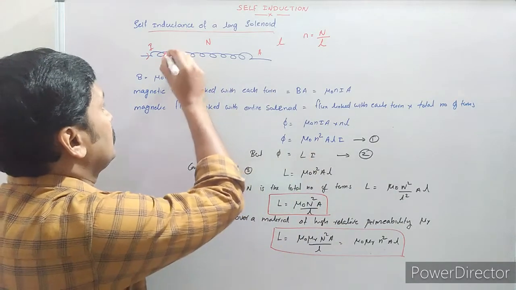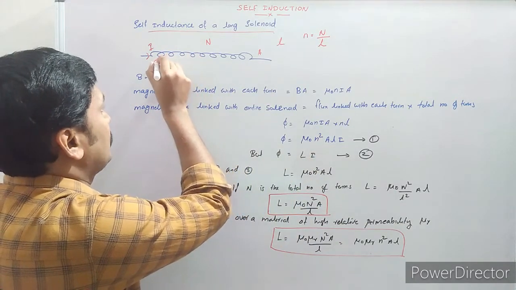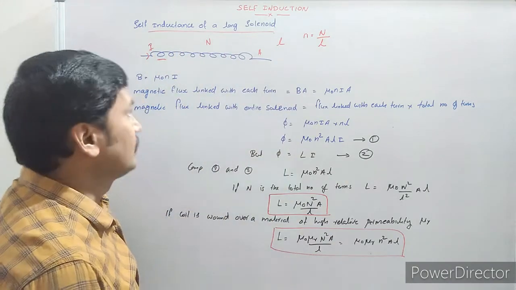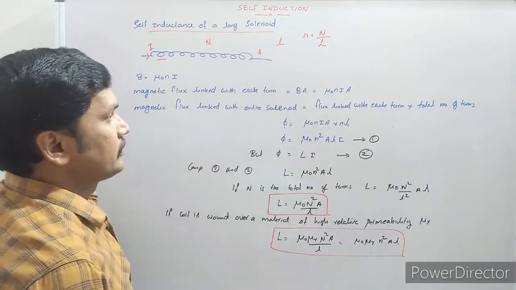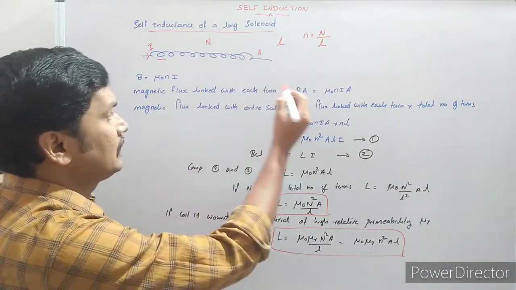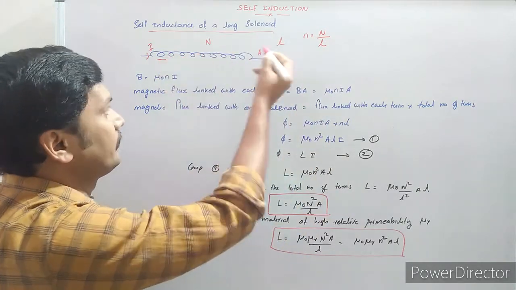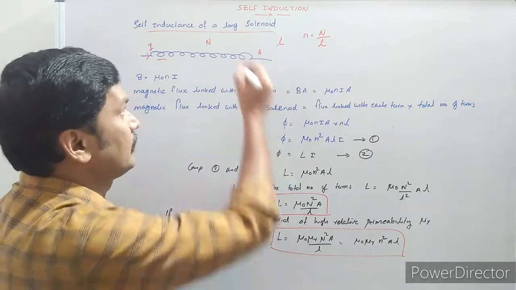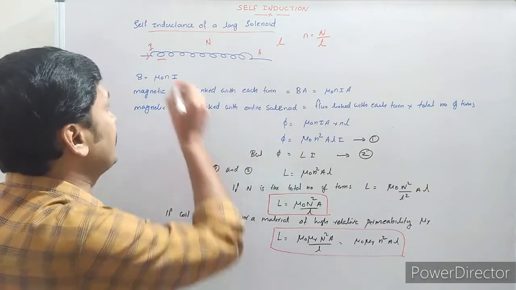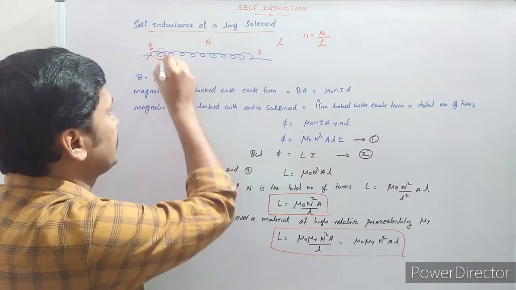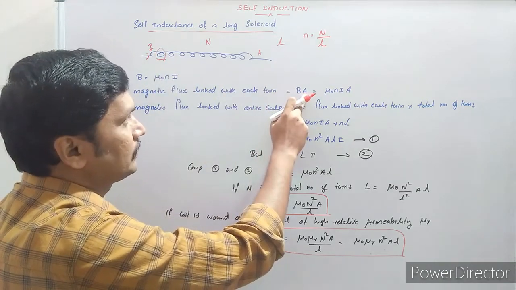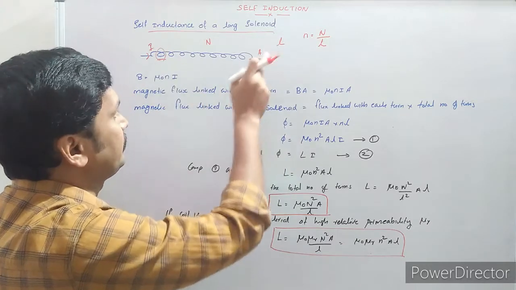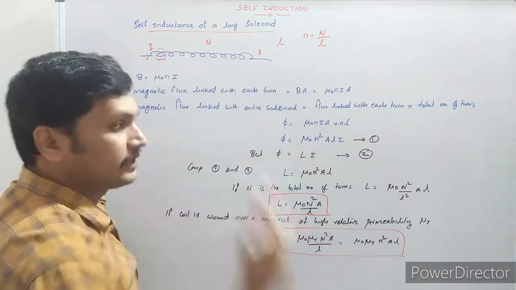Consider one turn of the solenoid, and the area of the turn is equal to A. So what is the magnetic flux linked with each turn of this solenoid? It has a total of N number of turns. The magnetic flux associated with each turn, if you consider a single turn, we can write as B into A, where B is the magnetic field and A is the area of that turn.